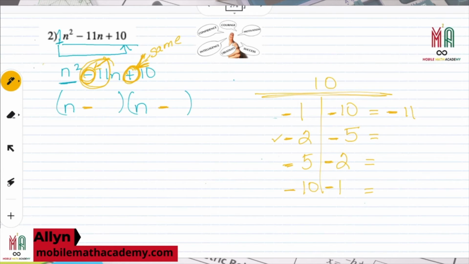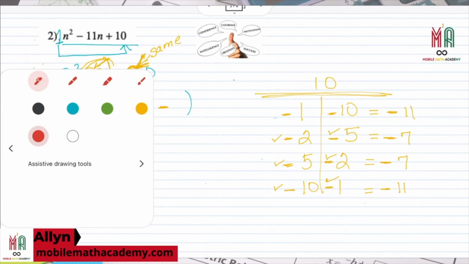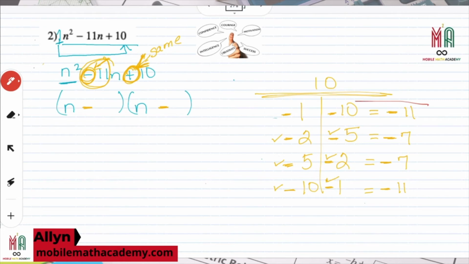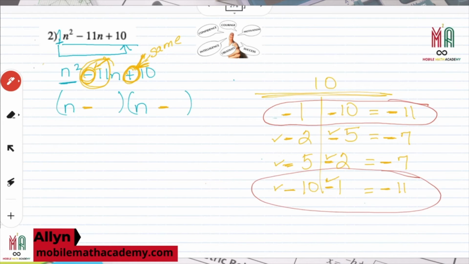Negative 2 plus negative 5 gives me negative 7. Negative 5 plus negative 2 gives me negative 7. Negative 10 plus negative 1 gives me negative 11. So of the options that I have, I can choose this combination or this combination. It doesn't matter. So I can just put 10 and 1 right there.